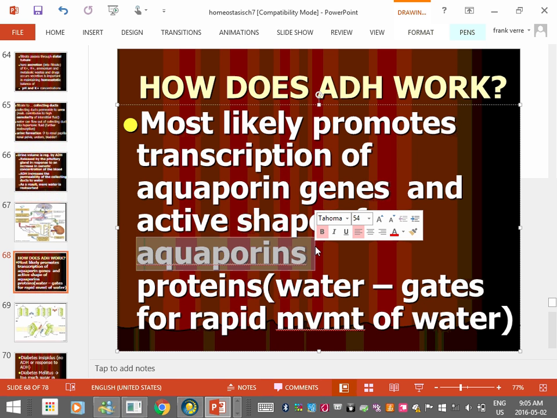Like a pore in your skin is an opening. Okay? So aquaporin is an opening that allows water to travel through it. Okay? It's a protein. So ADH, not only does it actually promote the transcription, which we studied before, not only does it promote the transcription of aquaporin, but it also opens it up.